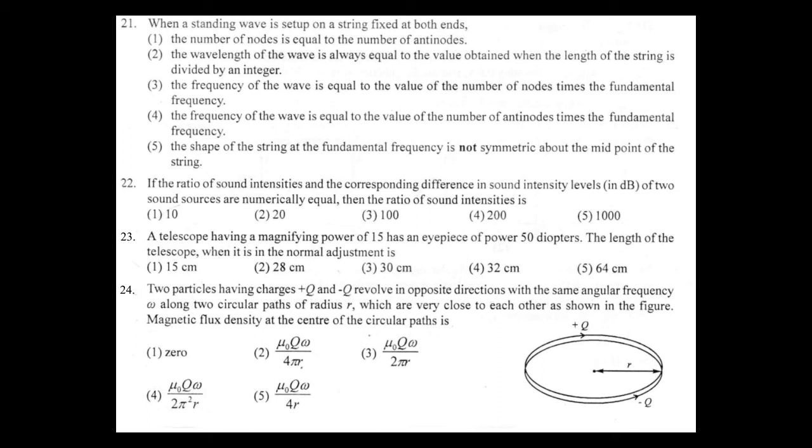Then by substituting q omega over 2 pi in I's place, we have B equal to mu naught q omega over 2 pi r. So for question 24, the answer is 3.